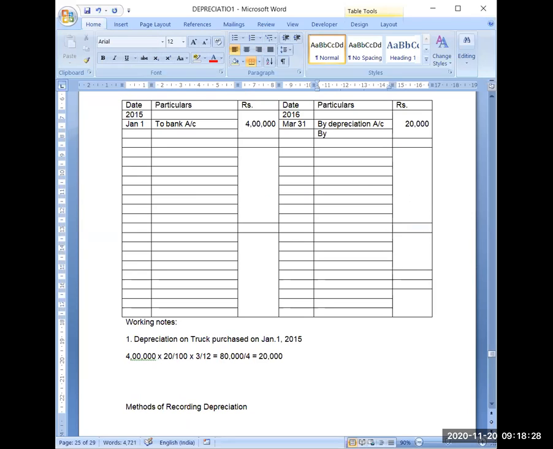Then by balance carry it down. Now 4 lakh will be the total.